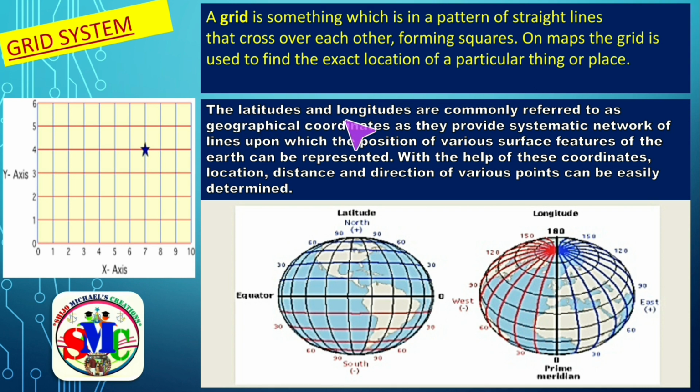The latitudes and longitudes are commonly referred to as geographical coordinates as they provide a systematic network of lines upon which the position of various surface features of the earth can be represented. With the help of these coordinates, location, distance and direction of various points can be easily determined.